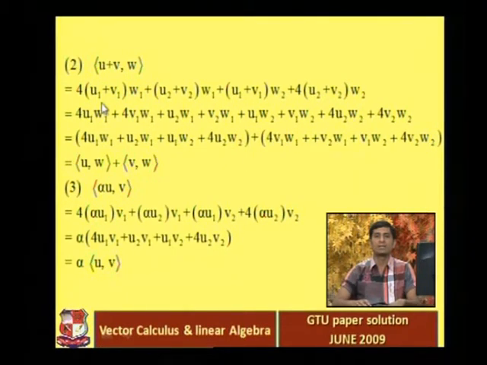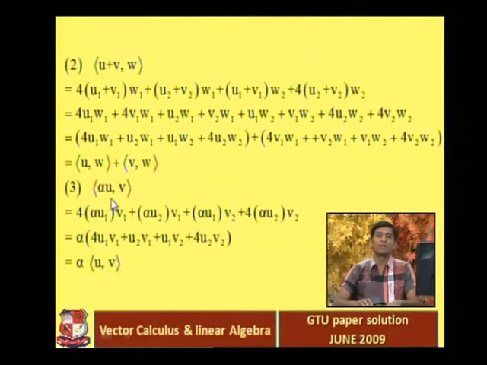Some of the terms can be written in this manner. In the first bracket we can write 4u1w1 + u2w1 + u1w2 + 4u2w2, plus 4v1w1 + v2w1 + v1w2 + 4v2w2. That can be expressed as ⟨u, w⟩ + ⟨v, w⟩. So easily we can check that ⟨u + v, w⟩ is equal to ⟨u, w⟩ plus ⟨v, w⟩.